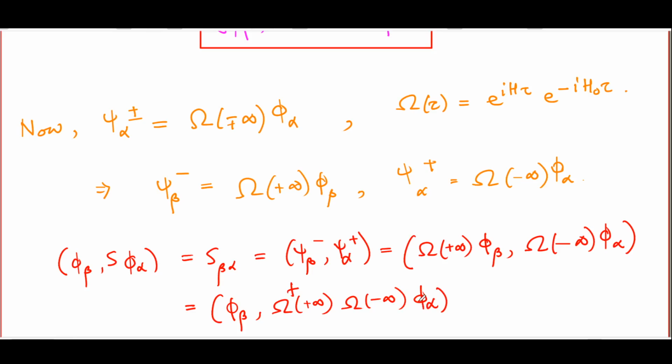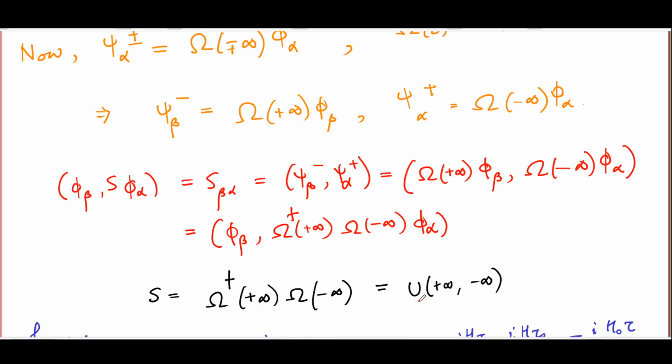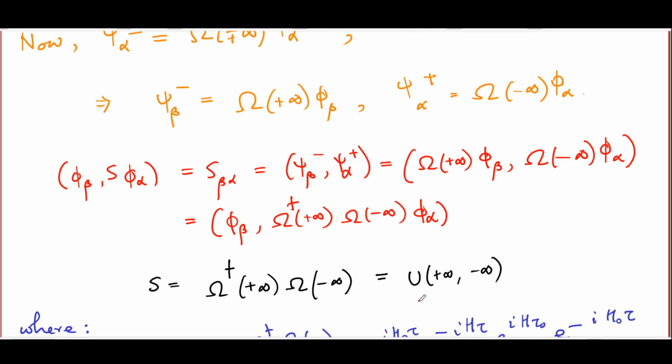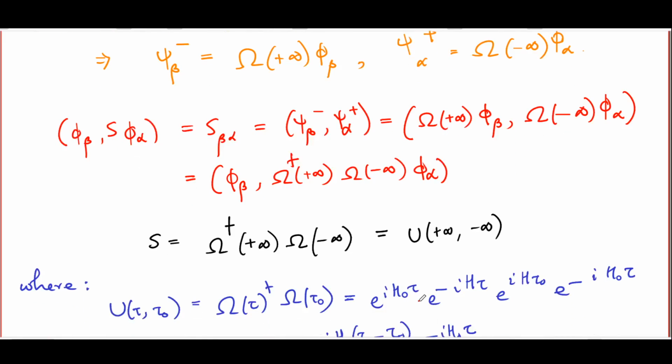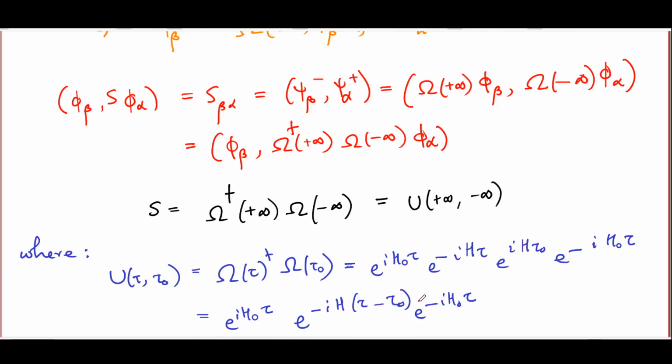And since beta and alpha can be arbitrary free particle states, this actually implies that S has to be omega dagger plus infinity times omega minus infinity. We often write this as U with two arguments, plus infinity and minus infinity, where U at tau comma tau 0 is defined to be omega dagger tau, omega tau 0.